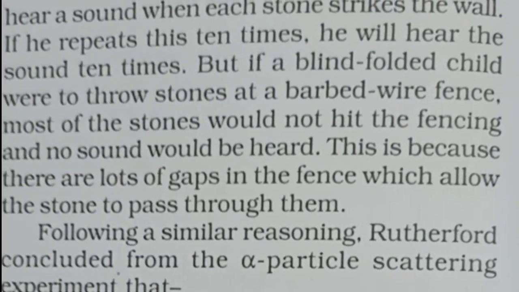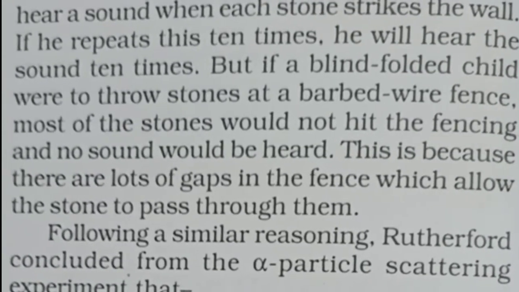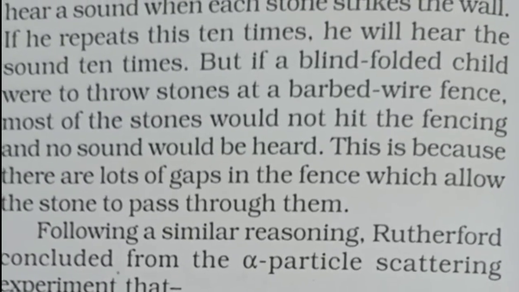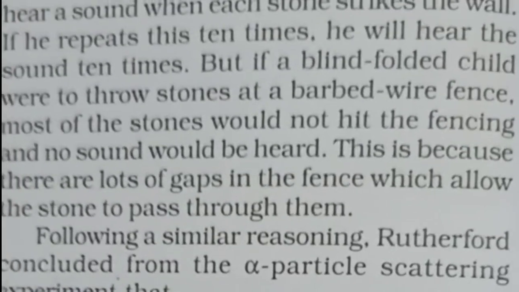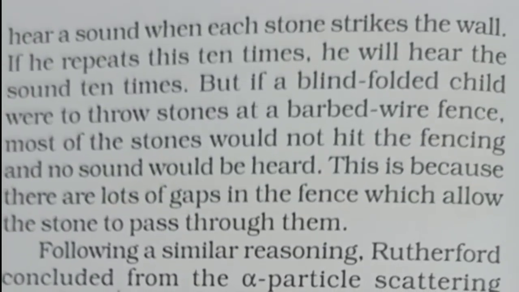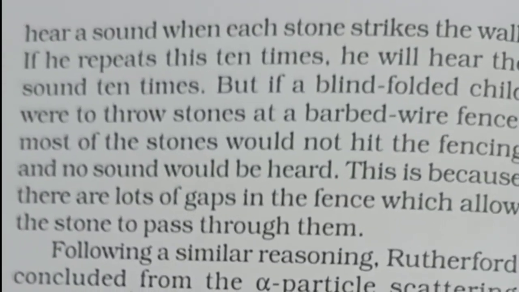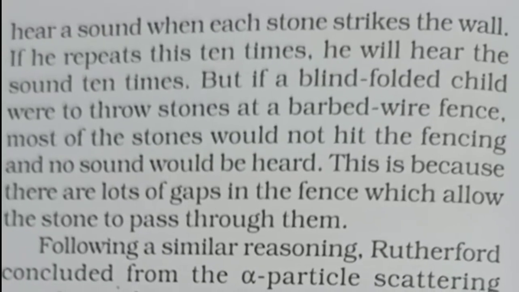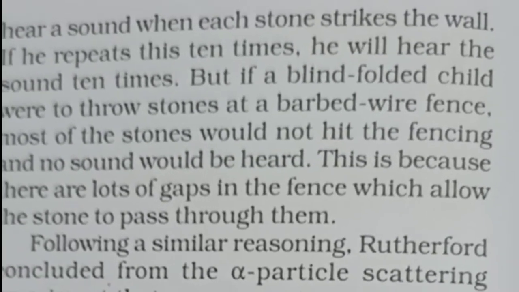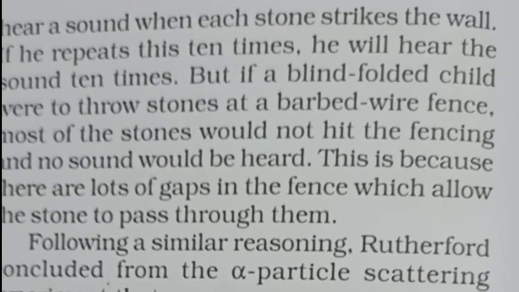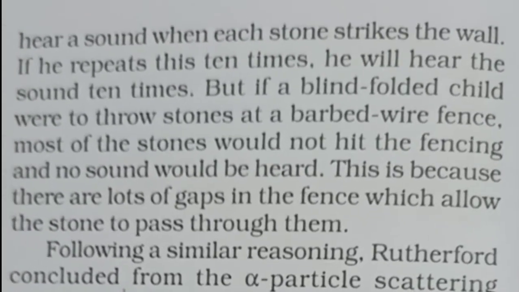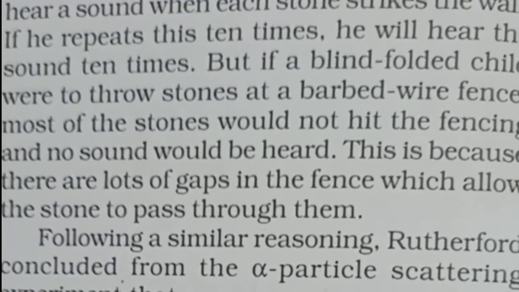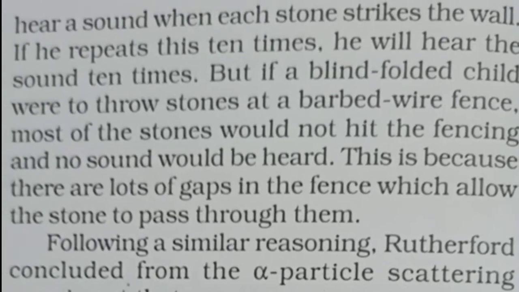But if a blindfolded child were to throw a stone at a barbed wire fence, a wire fence is not a wall. That means most of the space will be empty.